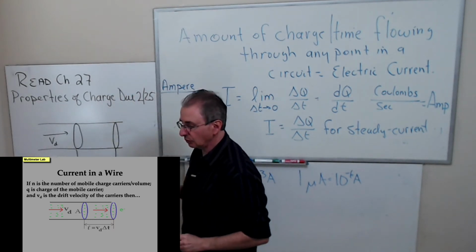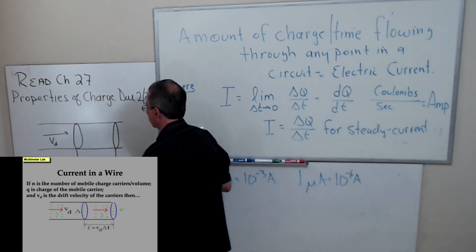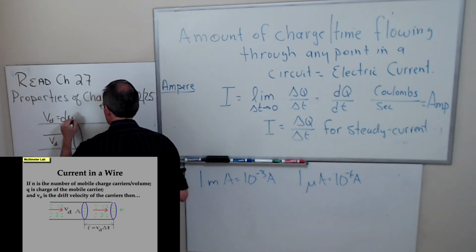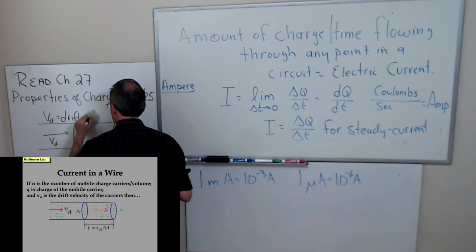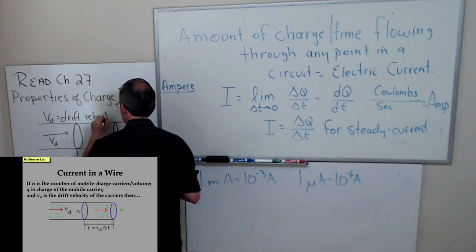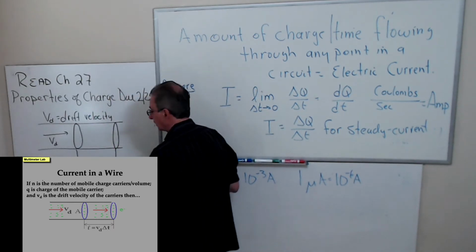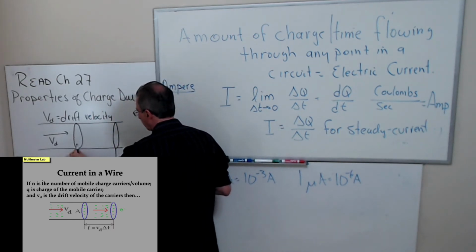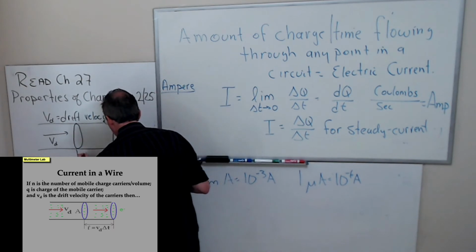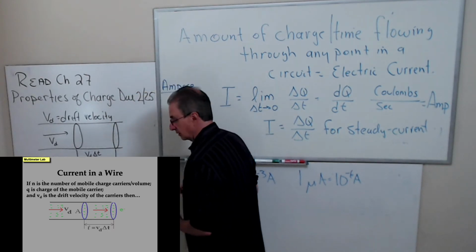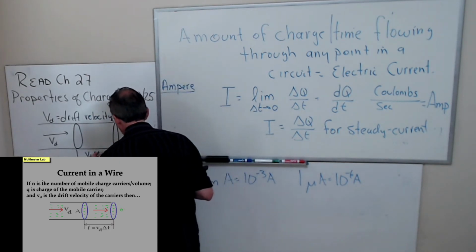V sub d we will call the drift velocity. In a time delta t, the electrons that started here and go to here will travel this distance, and we'll call that D, or we'll call that L.